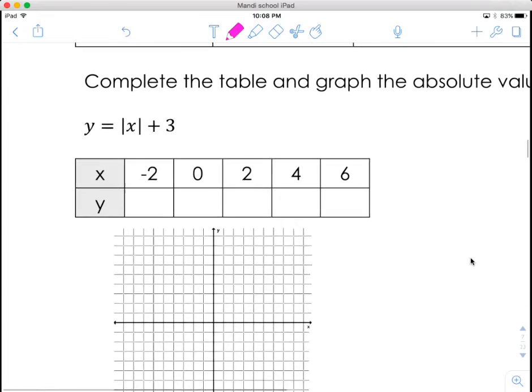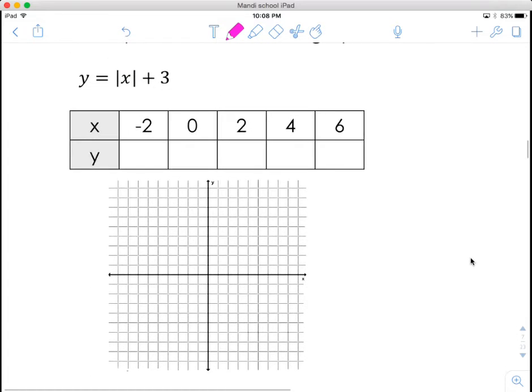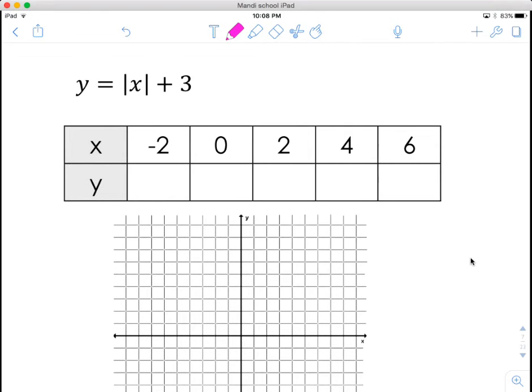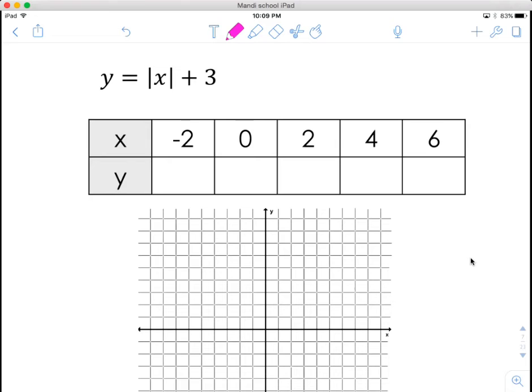Okay, so how do we graph these? Well, we're going to start by graphing this in a table. So take negative 2, and I know this is kind of tiny for you guys to write. If you need to write it over here in certain parts of this, you can. So take the absolute value of negative 2 plus 3. The absolute value of negative 2 is 2. 2 plus 3 is 5.